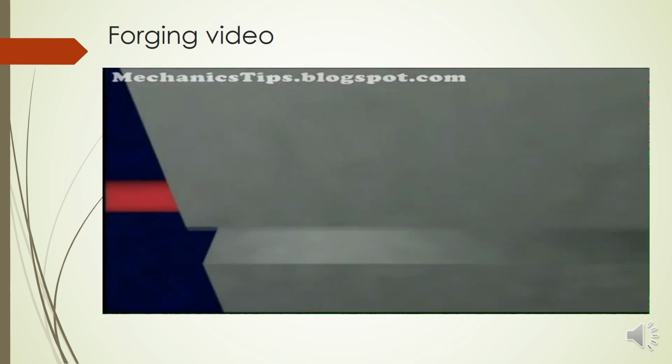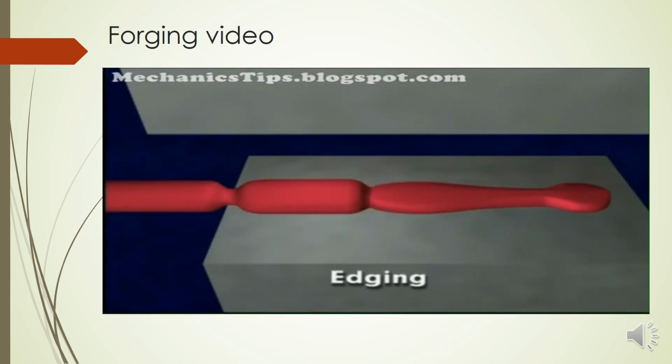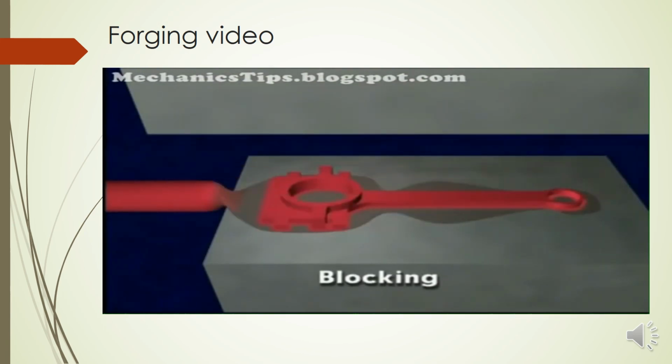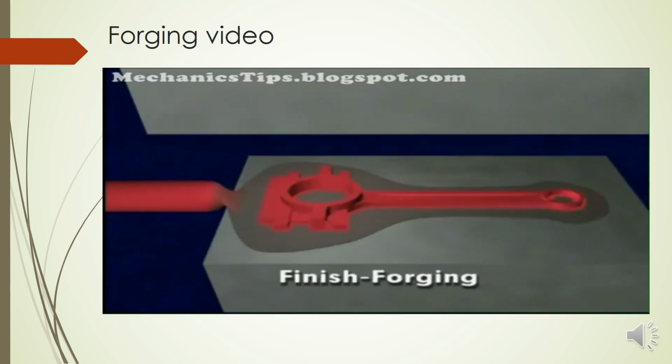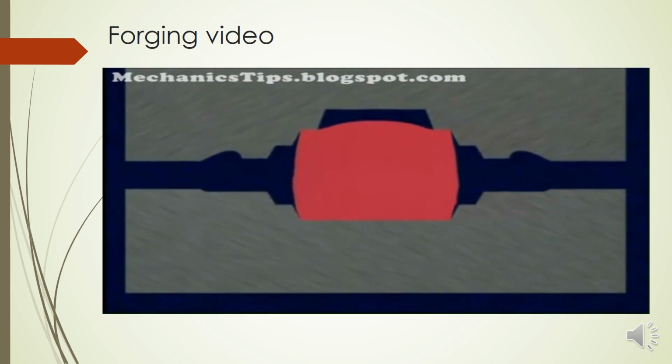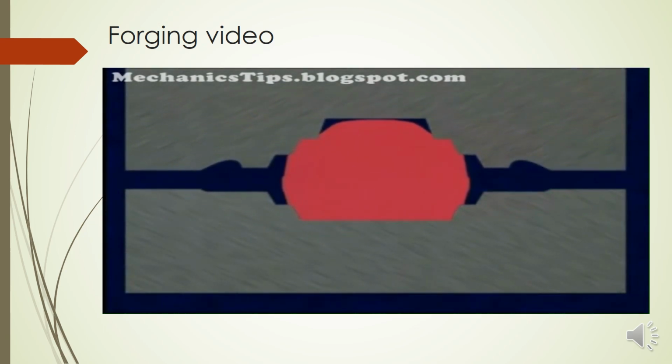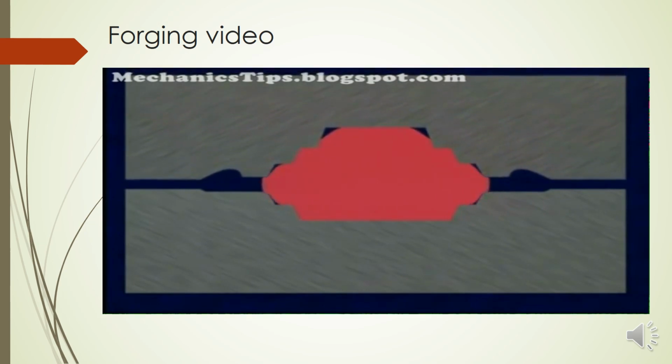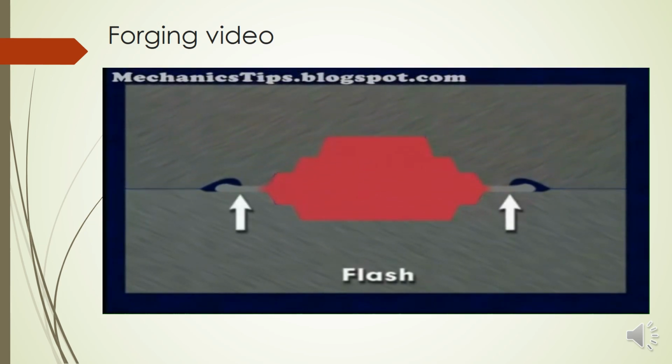Preforming operations may include edging to increase the workpiece cross-section, blocking to refine the shape for finish forging, and finish forging to complete the shape. In finish forging, the bulk of the metal is forced into the impression, while a thin layer, called flash, flows out between the dies at the parting plane, surrounding the forging.